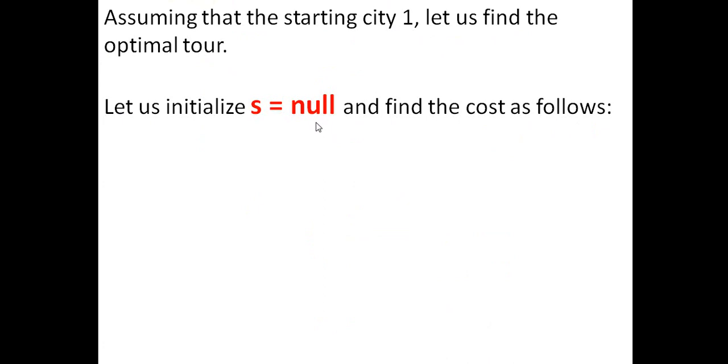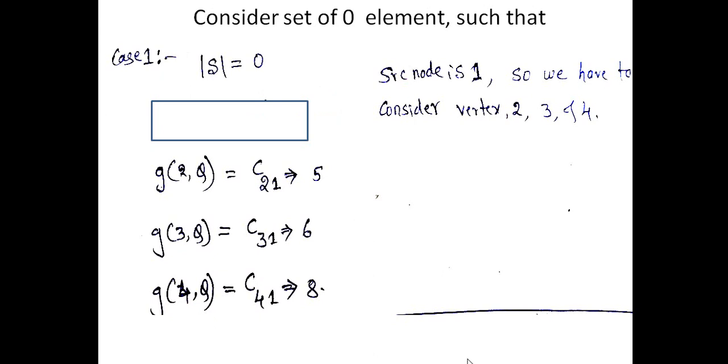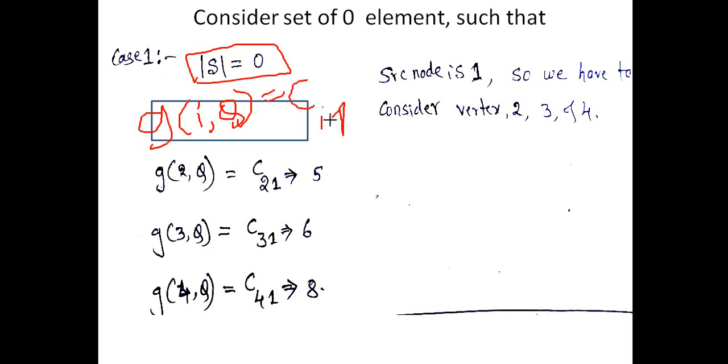Now assuming that starting city is 1, let us find the optimal tour. So s is equal to what? Null, means nothing, and find the cost as follows. See here, mod s equal to 0. In this situation, which formula you have to use? I already told, g of I comma phi is equal to what?